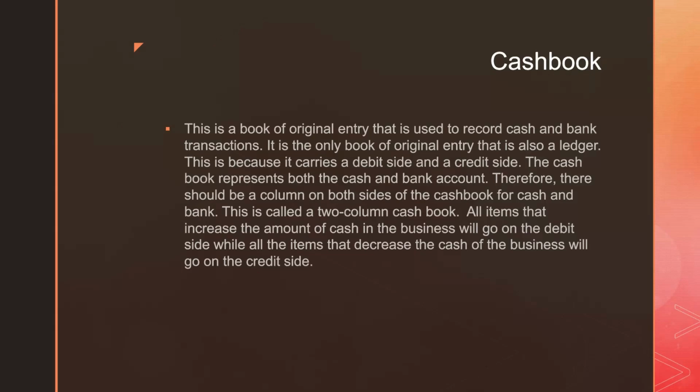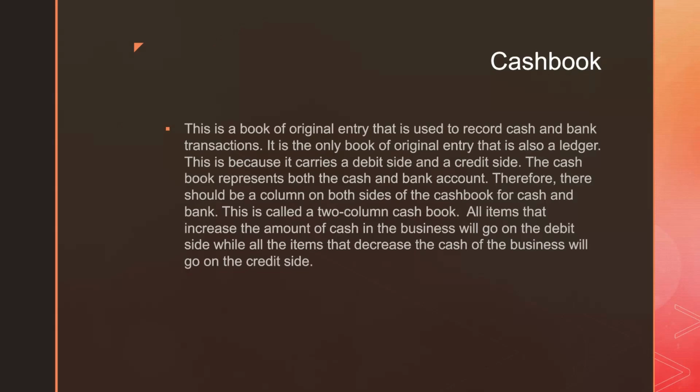But we also have a 3-column cash book. For your 3-column cash book, it will have a column for cash, a column for bank, and also a column for discount. And those columns will be on both the debit side and the credit side.